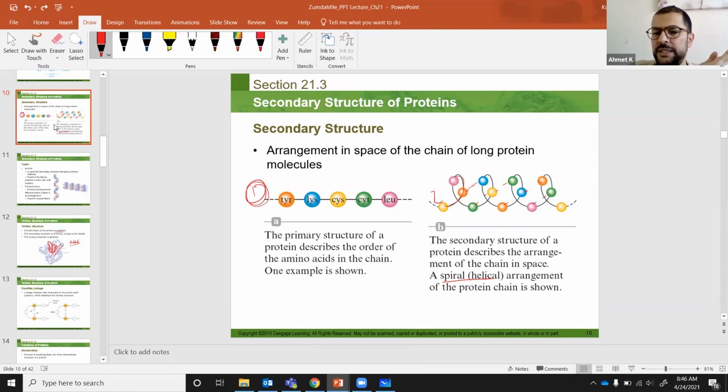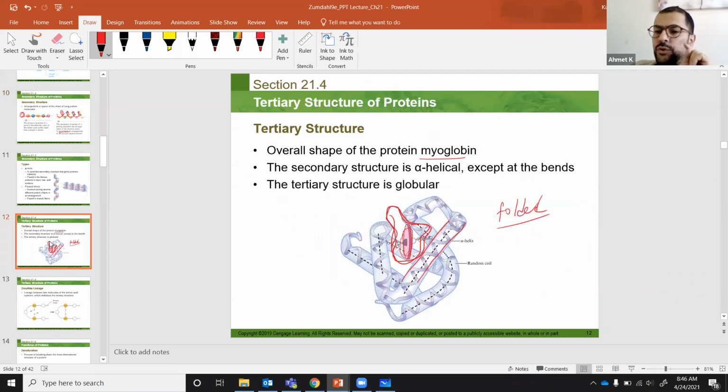In the other structure, let's say this is hemoglobin, right? This is the primary structure of hemoglobin. This is the secondary structure of hemoglobin. Now, because this is in 3D, this is the secondary structure. This is still the same protein. And if you come to the tertiary structure, this is still hemoglobin, but this is the tertiary structure of hemoglobin.